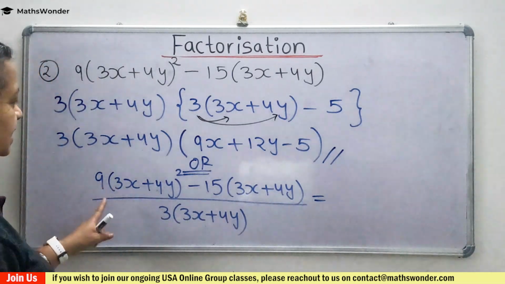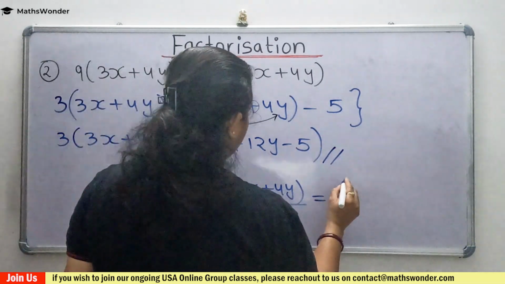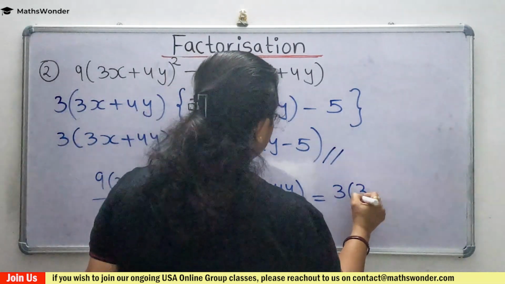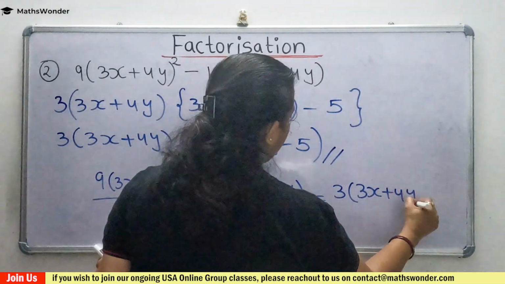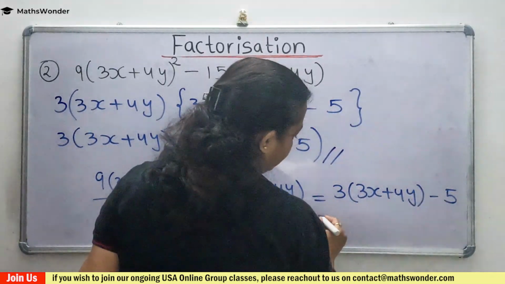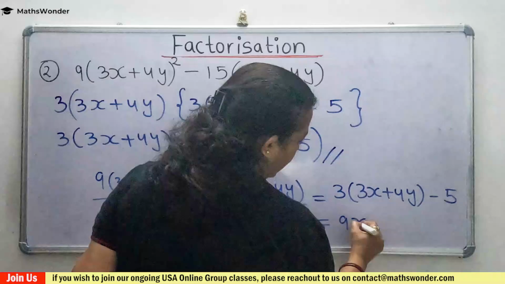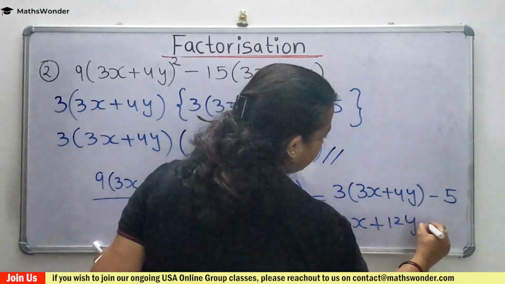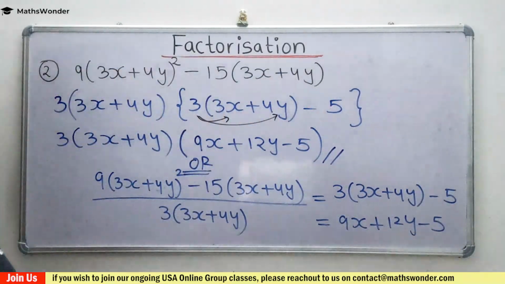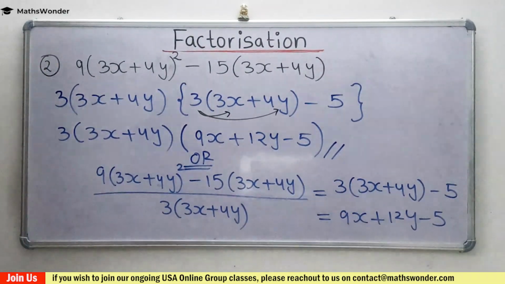When you divide by this, you will get 3x plus 4y minus 5. You will simplify like this. So 9x plus 12y minus 5. So the answer remains the same. Whatever method you use, there is no change in the quotient.